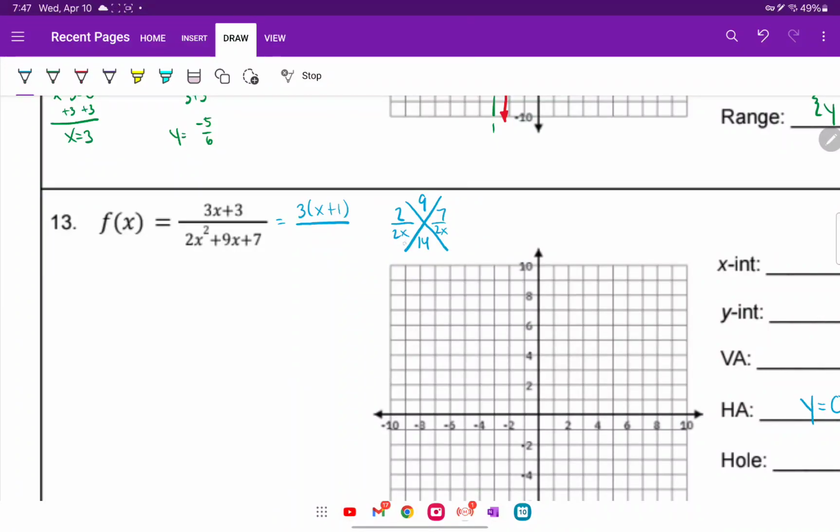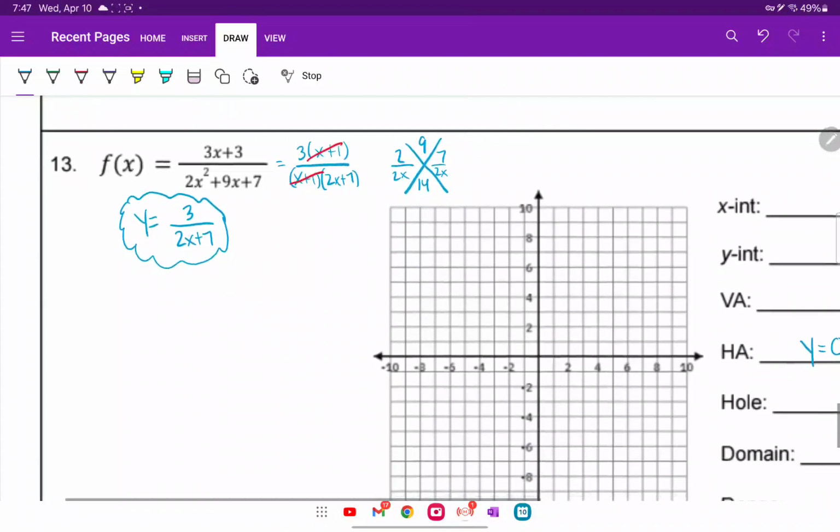Our first one would be 2 to 1, so that's x plus 1. And the second one is 2x plus 7. Here, hopefully you can see that our common factor is x plus 1, so we cross that out. And so my simplified equation is y equals 3 divided by (2x plus 7).